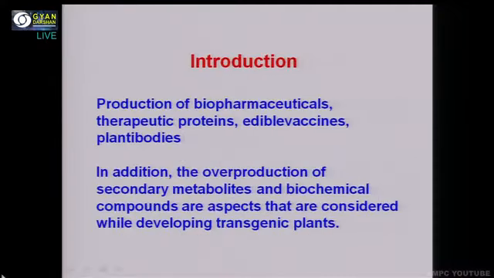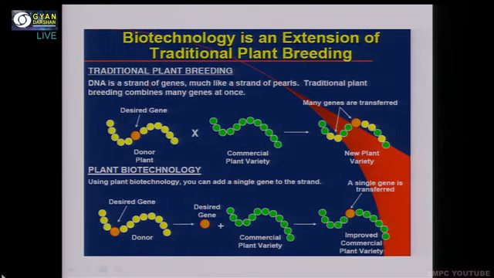So, basically this technology involves gene transfer or introduction of novel genes. Now, the next point is that there are two ways to do this. Initially, when people did not have this technology, they used to go for plant breeding.